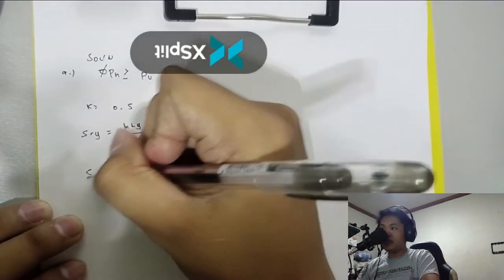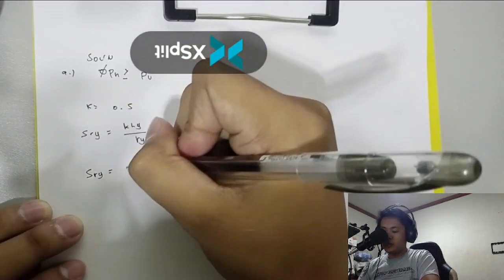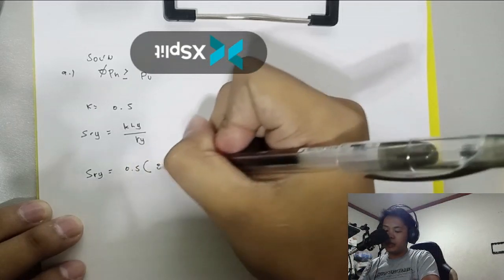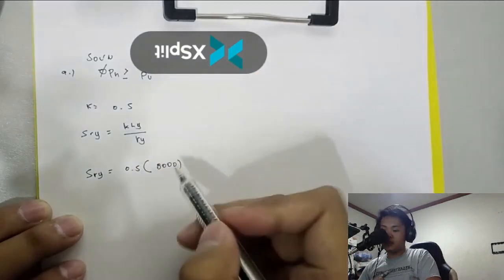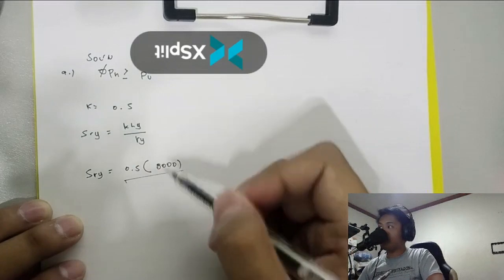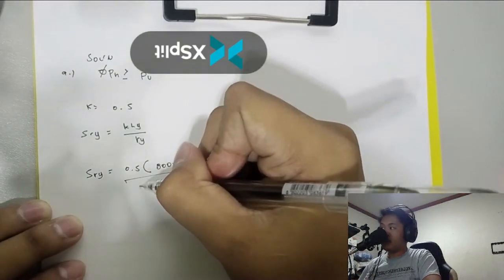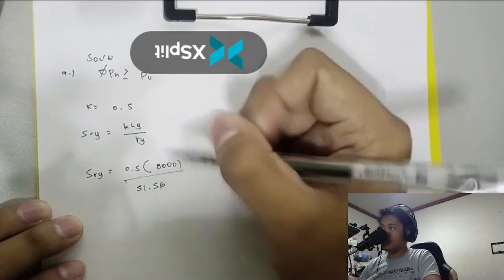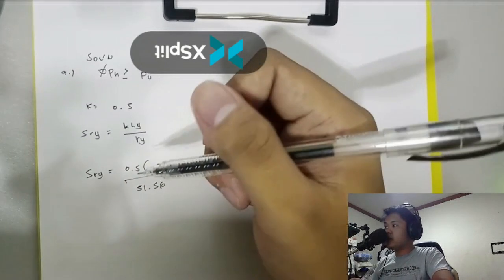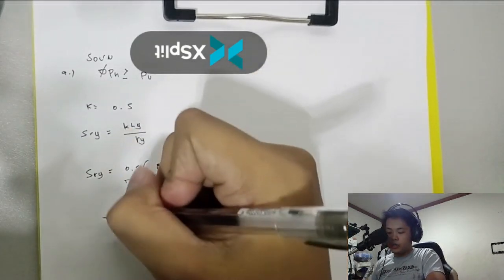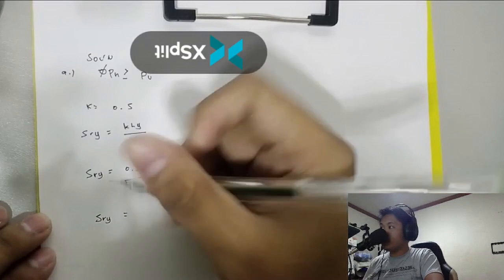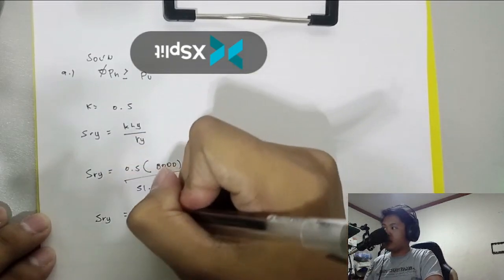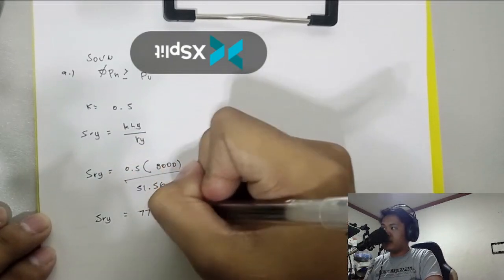So direct substitution lang. So 0.5 multiplied by the 8 meters or 8,000 millimeters divided by the RY, which is 51.56. So makakakuha tayo na slenderness ratio is equal to 77.58.